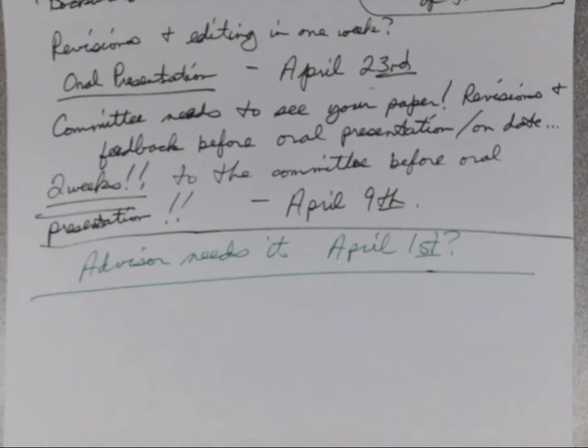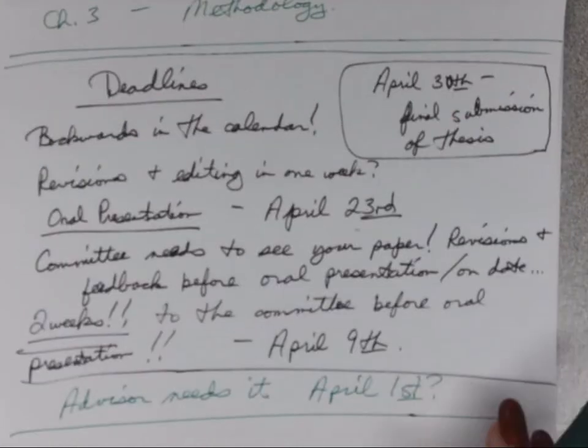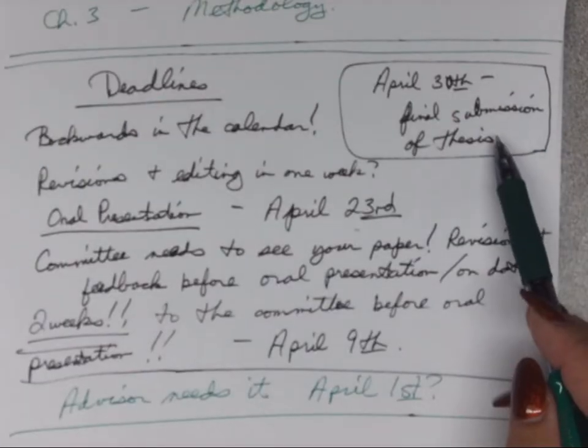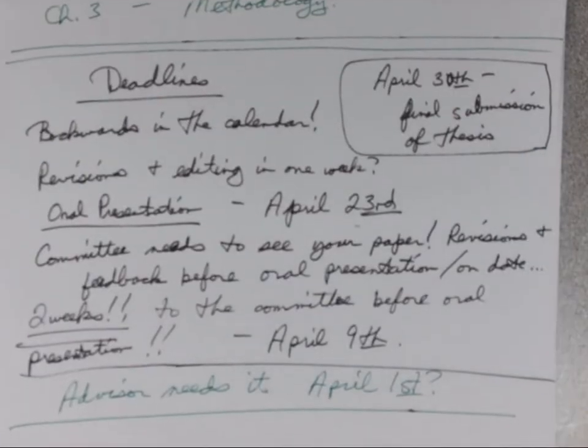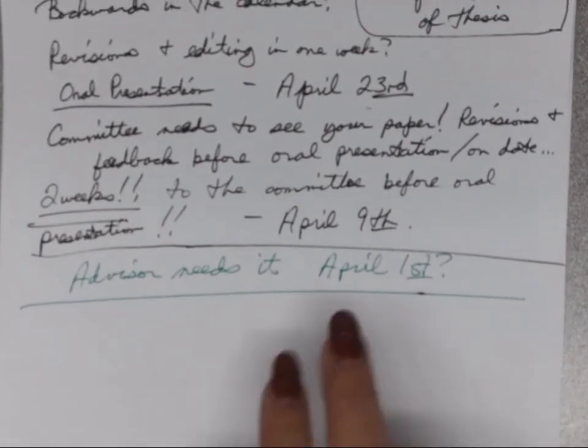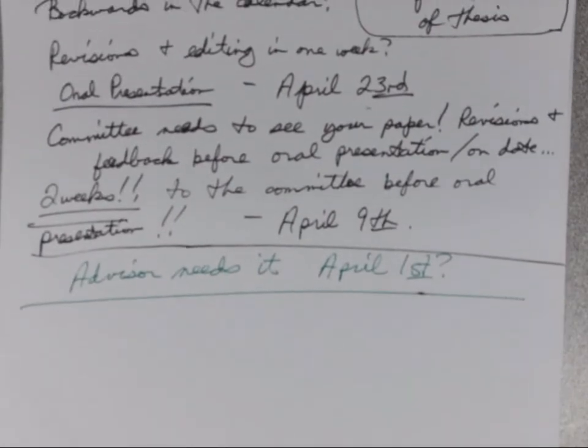So we're sitting here saying, look, your final draft is due on the 30th, but you have to have your very almost final draft. It's not a rough draft. It is the draft that you are willing to give to your advisor and your committee by April 1st. That's a whole stinking month. Okay, so you just have to kind of plan that and kind of work backwards in your schedule to do those things.